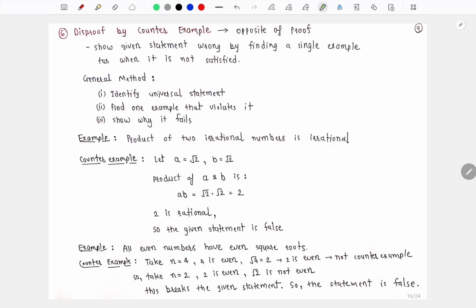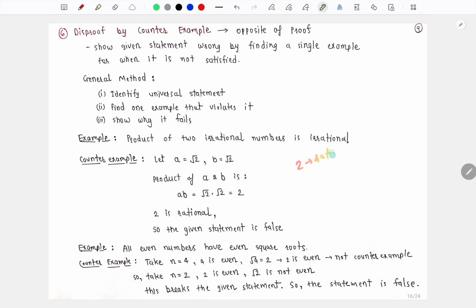But what do we have to prove? The opposite. That means we have to show this statement wrong. We need to counter this statement. We do not need to prove this statement. Let's take a is equal to root 2, b is equal to root 2, which is an irrational number. What is the product of root 2 into root 2? 2. So is 2 rational or irrational?